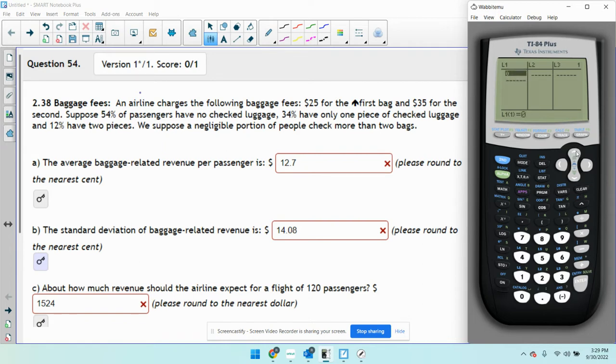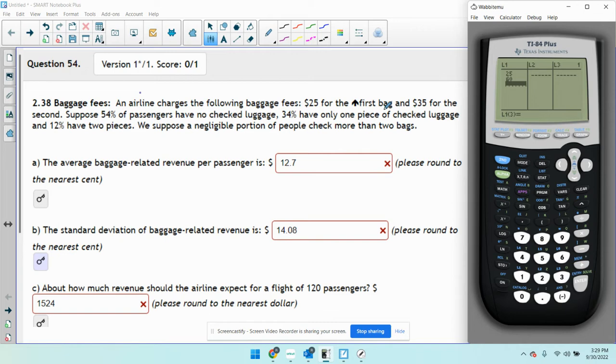Every passenger, except for the ones who are not bringing bags, is going to either be paying $25 for checking one bag. If they have two bags, here's where the trick comes in. They're not paying just 35. They're paying 35 for the second and 25 for the first. So the people with two bags are actually paying $60.